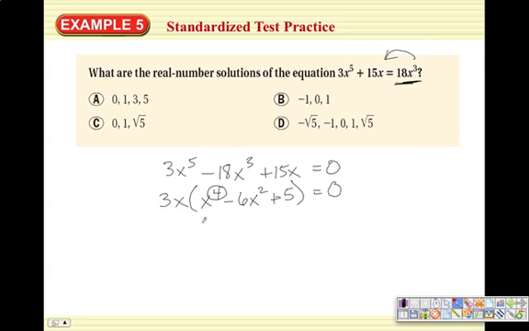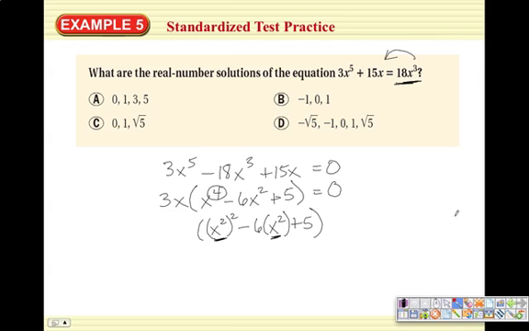Instead of x to the 4th, I say x to the 4th is x squared, squared. I'm making that a square. And then I say minus 6x squared plus 5. Now look at that right there. Notice these are the same. They have to be the same for me to do this next step.